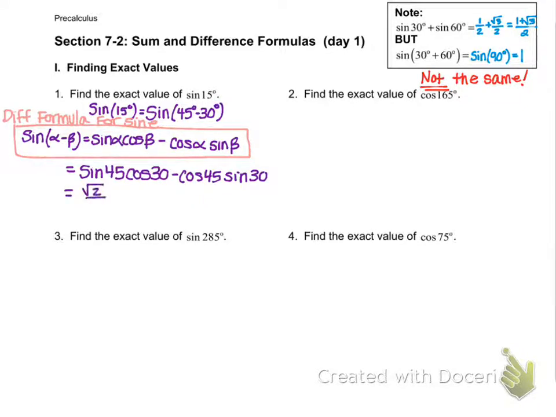Square root of 2 over 2 is sine of 45 times cosine of 30, which is root 3 over 2. And then we're going to subtract root 2 over 2 times 1/2. Again, all from the unit circle. And this all equals root 6 minus root 2 all over 4.